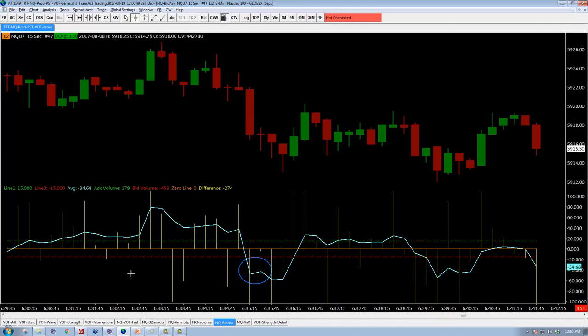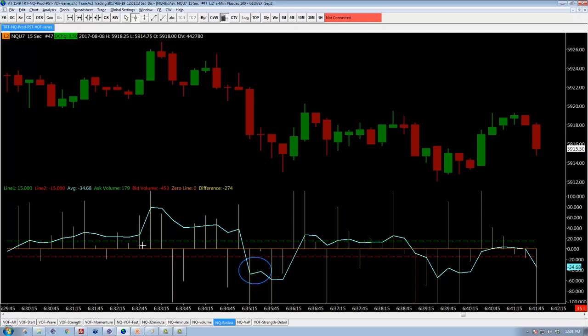We then plot that on this 15-second chart using the bid volume versus ask volume study, and then we apply a moving average so we can see how it looks, not on every bar. That's too fast. What we need to see is what's going on over the last few minutes, because we're looking for momentum. So we apply a 15-period moving average, and that gives us a sense for the trend of the behavior in the market.